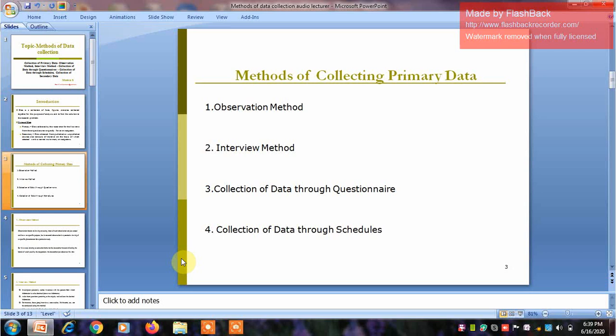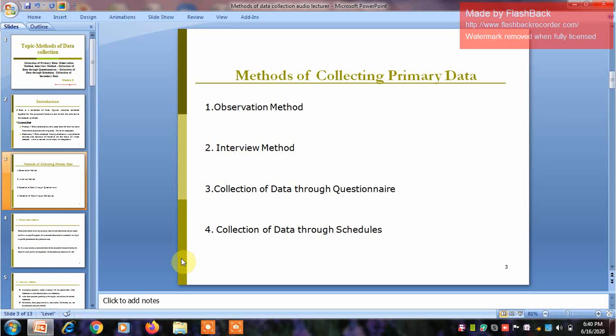That could be personal interview, telephone interview, structured interview, unstructured interview, focused interview, clinical interview, and depth interview.